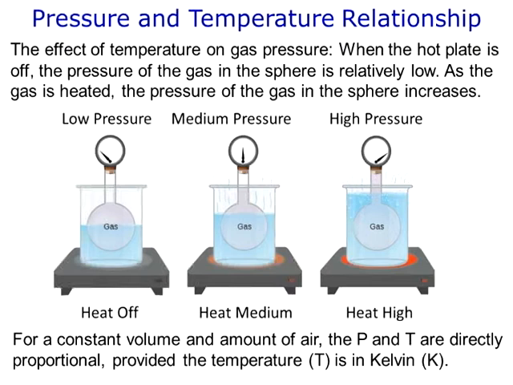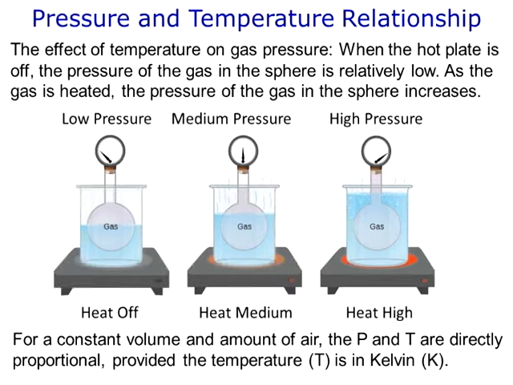When the heat is medium or warm, it's medium pressure. But when it's high temperature, we get high pressure. So, that means that pressure and temperature are directly proportional. Okay, you got it? As temperature goes up, the pressure goes up. And that's the important factor. Pressure goes down, temperature goes down. So be aware of that.